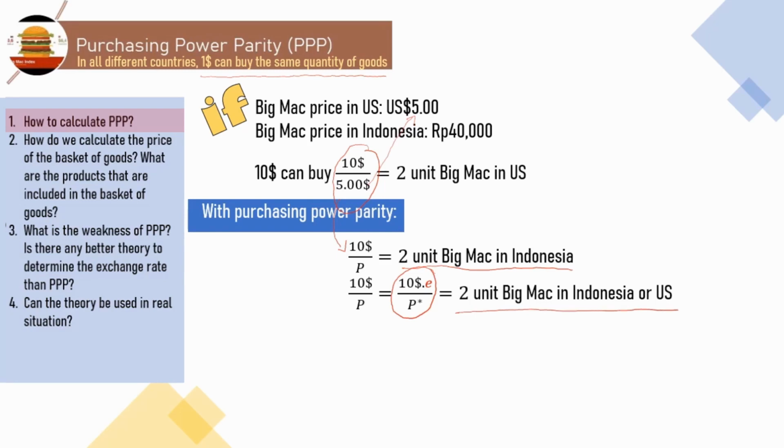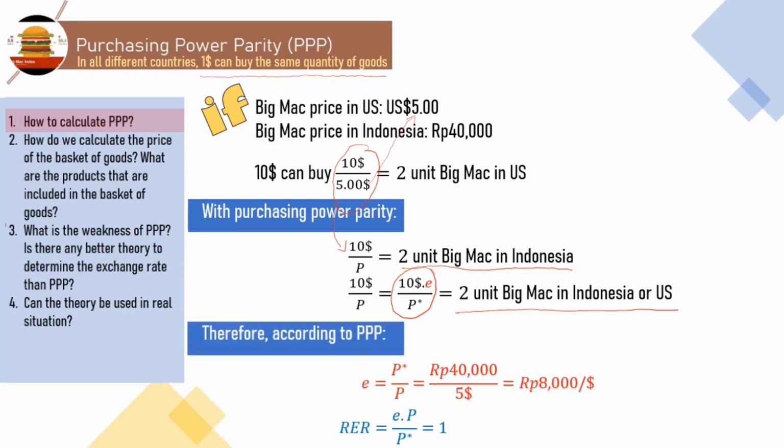In other words, this equation will hold. From the equation, we get E, the nominal exchange rate, equals foreign price per domestic price, which is 8,000 rupiah per dollar in our case.